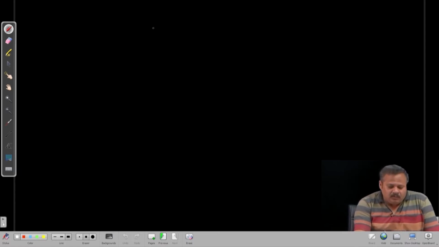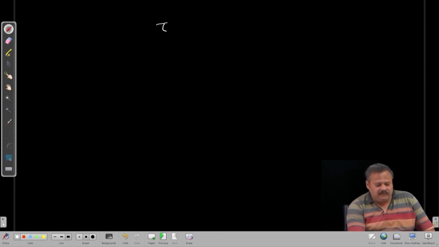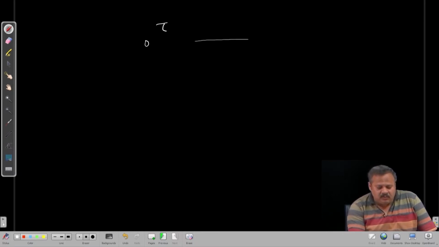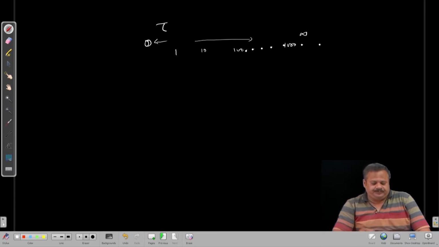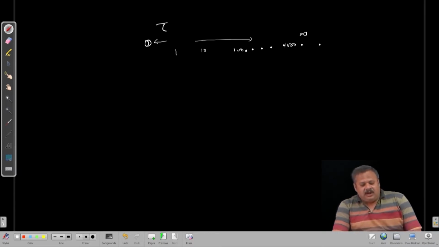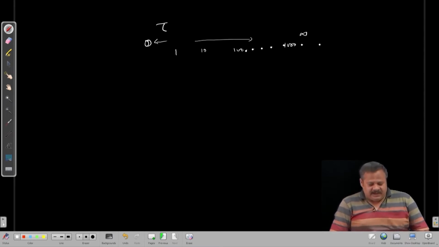So let us say we have this tau that we will be varying from 0 to a very large value going towards infinity. Obviously 0 we won't be able to do, it is a very small value. So let us say we have 1 millisecond, 10 milliseconds, 100 milliseconds, 1000 milliseconds, and so on, and intermediate values. So by varying tau, we can consider many possible postsynaptic neurons, and only one synapse in this case.